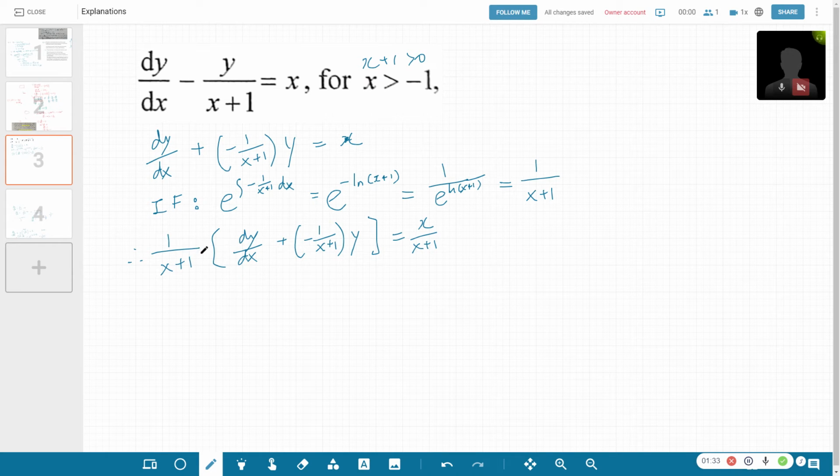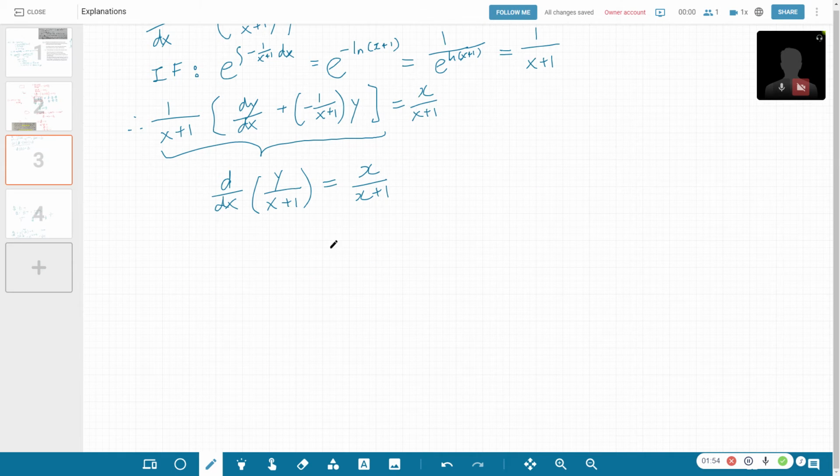Now, if you convert this, you'll see that this will be d/dx of y multiplied by the integrating factor, so y divided by x plus 1, which equals x over x plus 1.